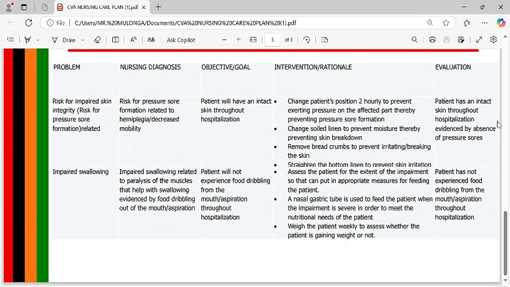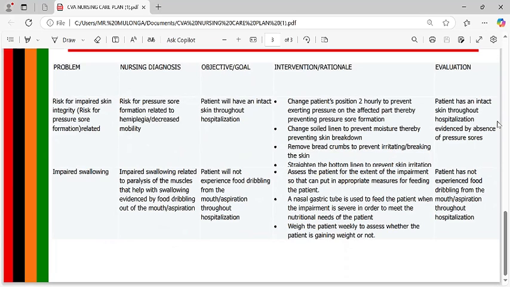So the evaluation is patient has not experienced food dribbling from the mouth or aspiration throughout hospitalization. So it is very important that we evaluate this patient. And according to our evaluation, we can see that this patient has not experienced food dribbling. So your evaluation should be in line with your goal.